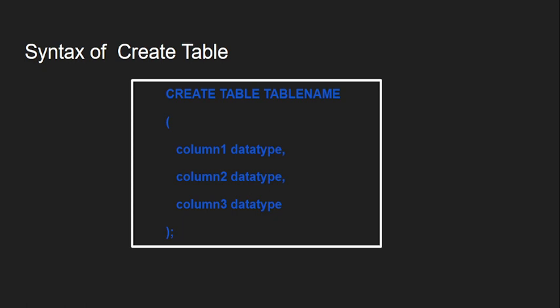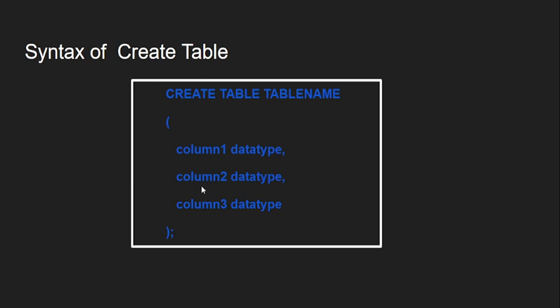This is the syntax of creating a table. For creating a table, you have to write down the create table statement, which will be followed by the name of the table. Here you have to mention the name and it will always be unique for a table. Here in the brackets you have to mention the columns. Column 1, write the name of your column, then you have to write down the data type. The data type will mention the type of data your column is going to hold.